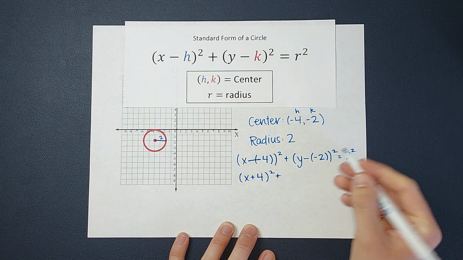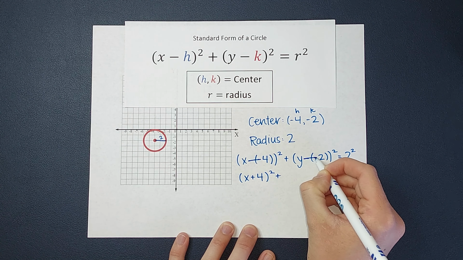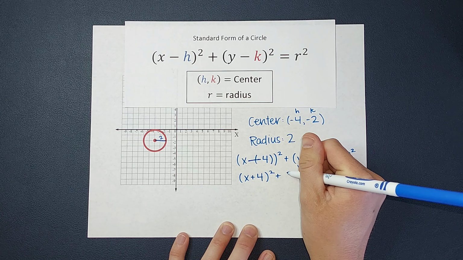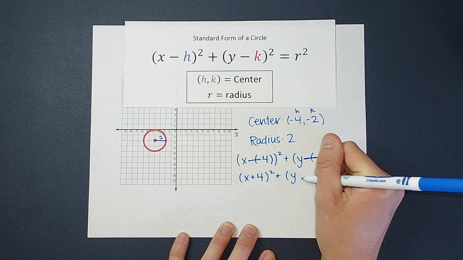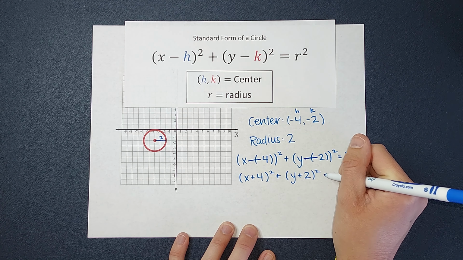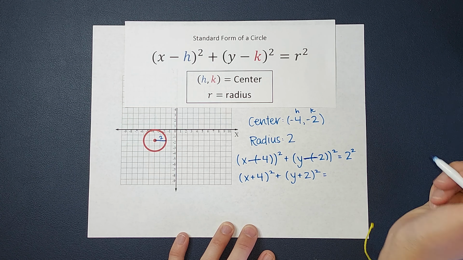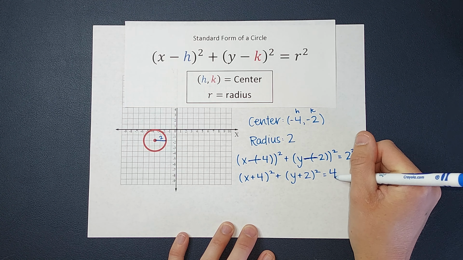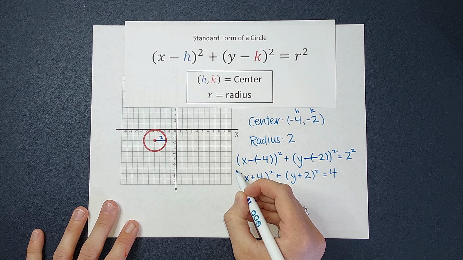And the same thing over here: we're subtracting another negative, so it goes positive. So we're going to have (y plus 2) squared equals 2 squared, which is 2 times 2, which is 4. Look at that. That is the standard form of this graphed circle.